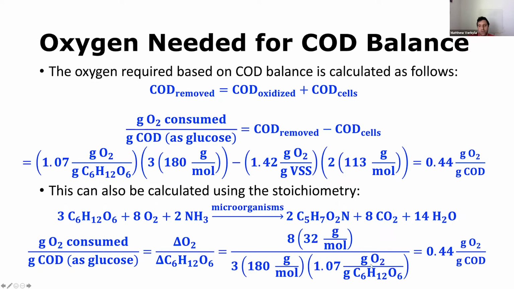Then we convert that to an oxygen equivalent to get it in terms of COD, 1.07 grams of O2 per gram of glucose. This ratio gives us the value 0.44 grams of oxygen per gram of COD. Same thing we get with the calculation done above. So this is the oxygen needed for COD balance in this reaction.